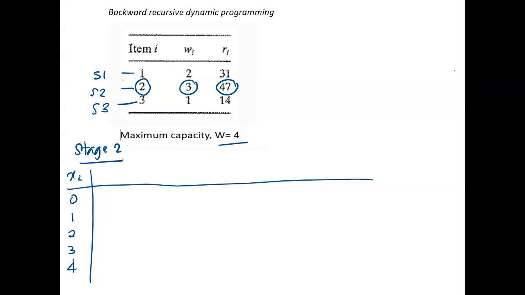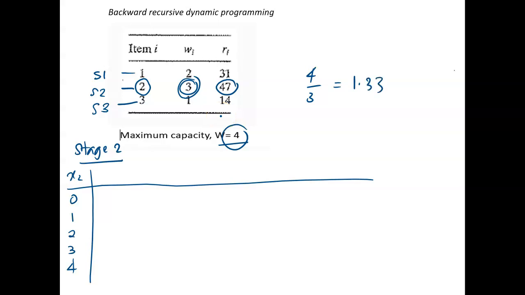Now, for the m, m2. M is the number of units of item 2 that we want to decide on. Before that, we have to take the maximum capacity, which is 4, and divide by the individual weight. So, 4 divided by 3, you get 1.33 something.